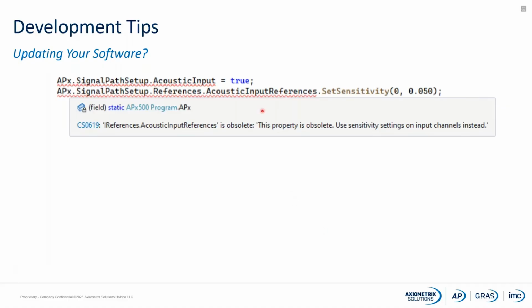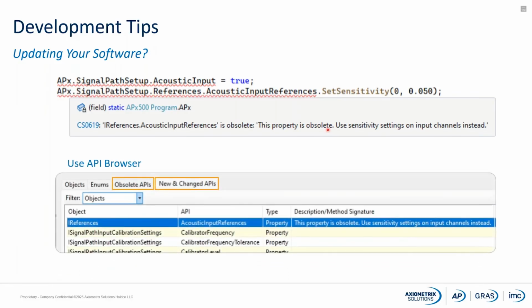If that's the case, you'll get compile time errors, or in Visual Studio, it will just indicate the error. And your best path forward is to use the API browser, specifically these two tabs, to see exactly what APIs have gone obsolete in each version, and then what replacement API we recommend. And if you have any questions, you can always email us and we'll help you out.